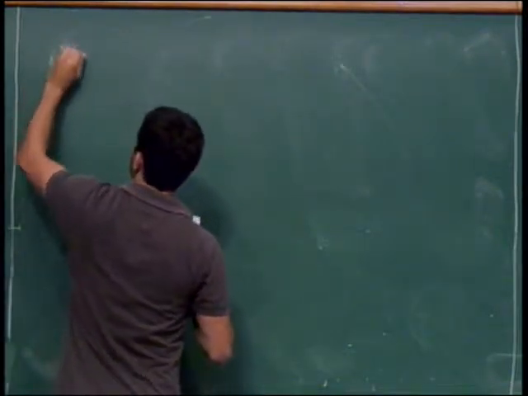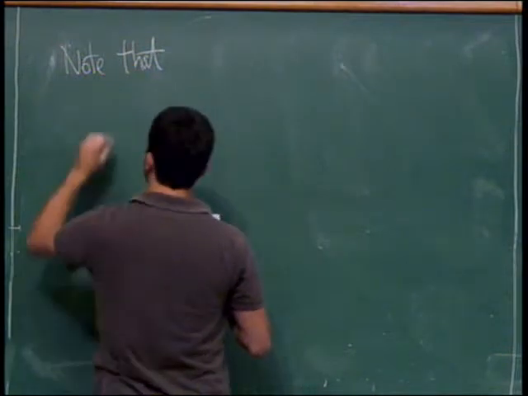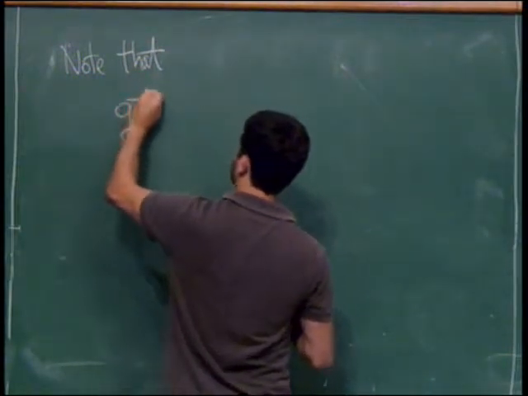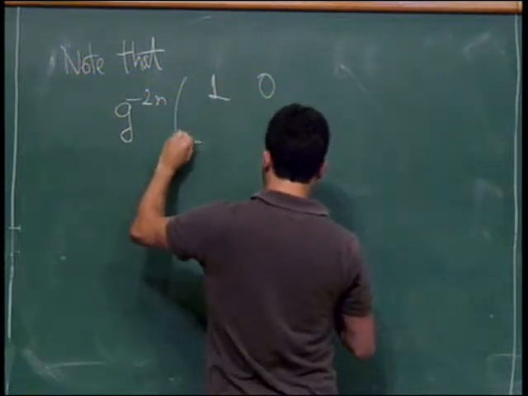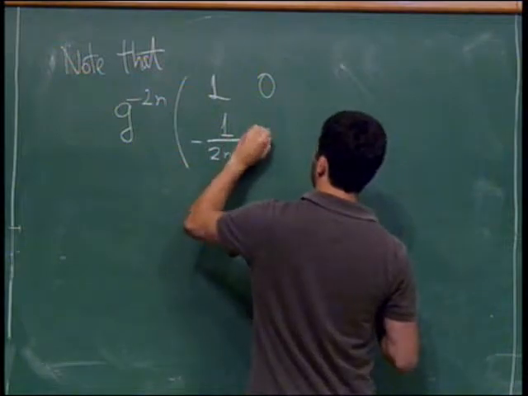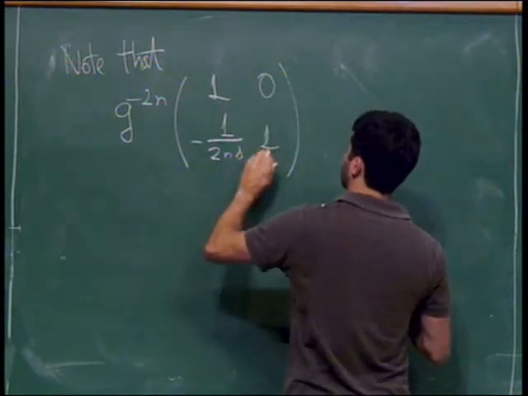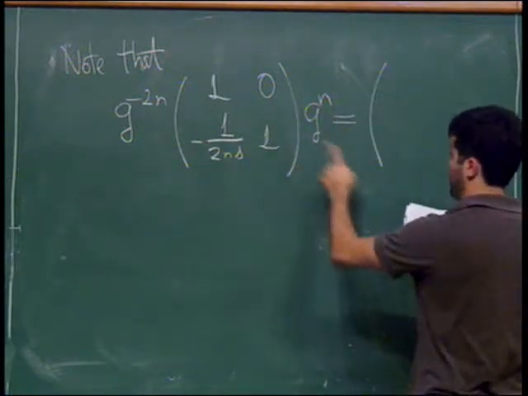So note that G to the minus 2n times the matrix 1, 0, minus 1 over 2ns, 1, times the matrix G to the n is just a calculation of matrices.